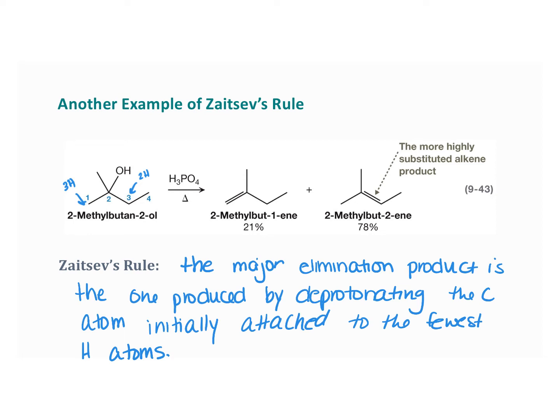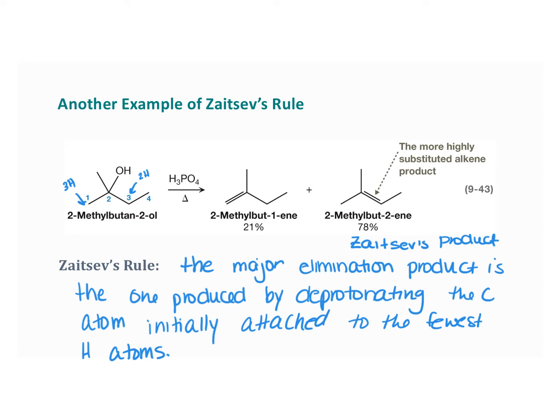And so sometimes the more highly substituted alkene product you'll hear referred to as the Zaitsev product. That's a little bit of an older terminology, but I just want you to be aware of it in case anybody says, well, that's the Zaitsev product. Then you'll know that that's what's going on.